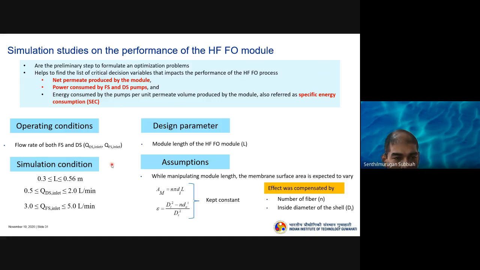So we manipulate the variables considered manipulable to get optimal process conditions. For example, the inlet flow rate of the draw solute and the feed flow rate, and then we manipulate the length of the module, because the pressure drop is a critical parameter that will lead to higher energy consumption. So length also can be optimized.